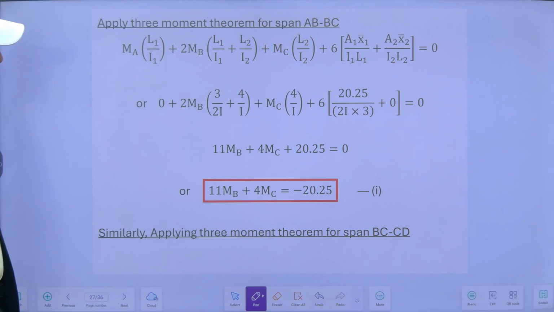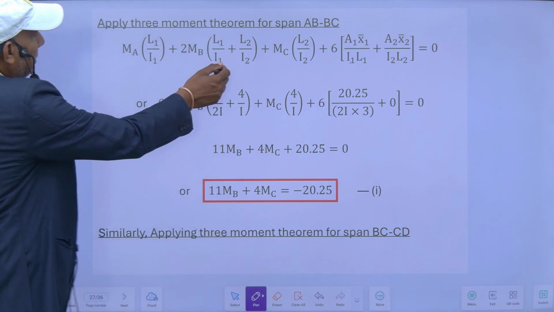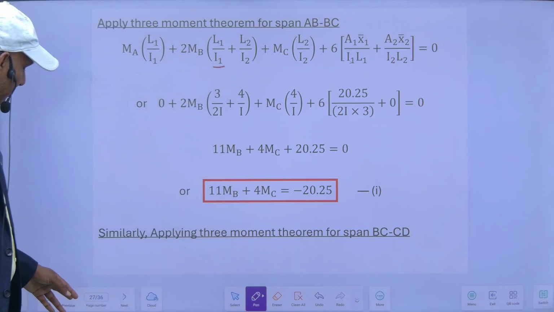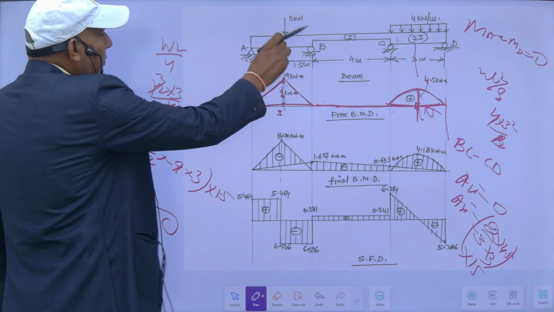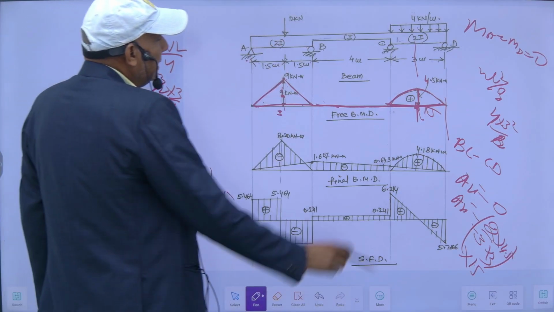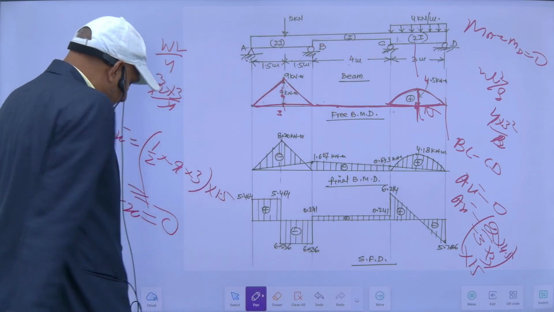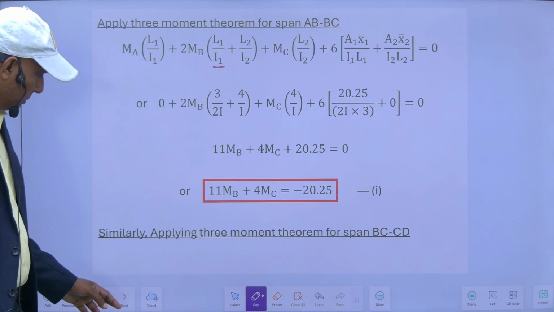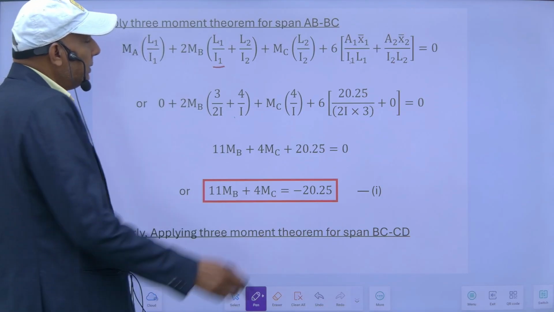So MA is equal to 0 plus 2 MB L1 upon I1, where L1 upon I1 is 3 upon 2I, plus L2 upon I, which is 4 upon I, plus MC into L2 upon I, which is 4 upon I.